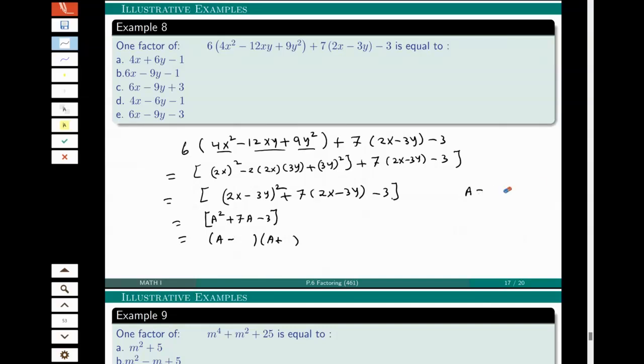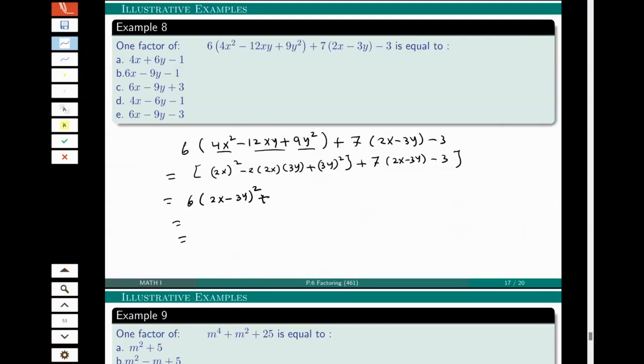Okay, that will be 6 times 2x minus 3y all squared plus 7 times 2x minus 3y minus 3. So when we say a is equal to 2x minus 3y, we get 6a squared plus 7a minus 3.